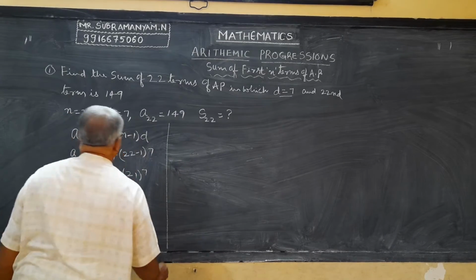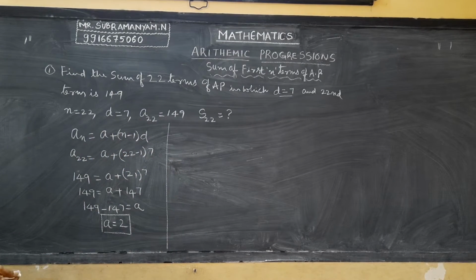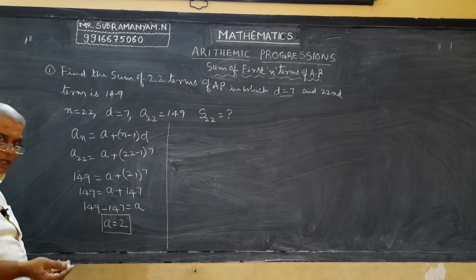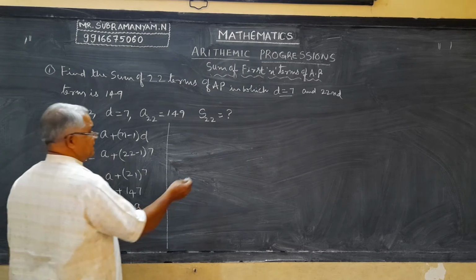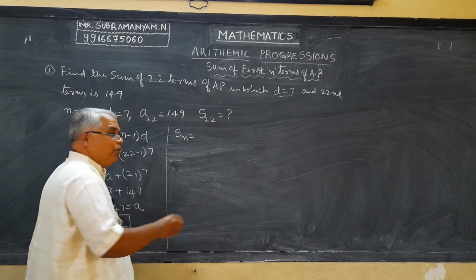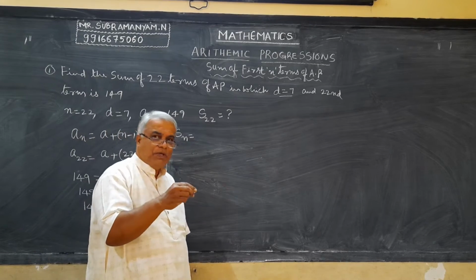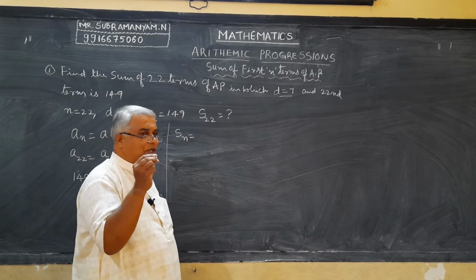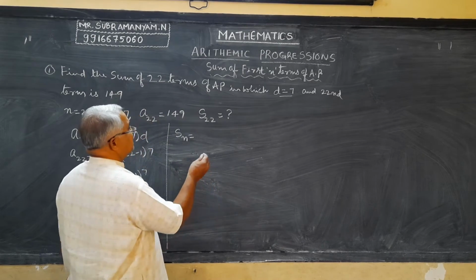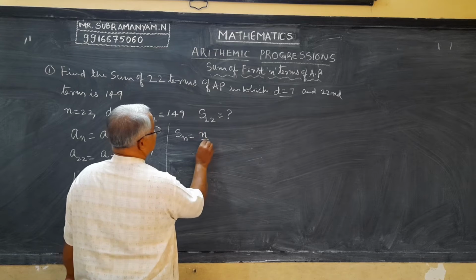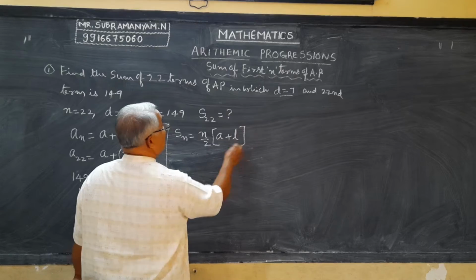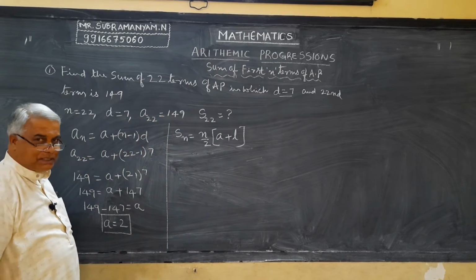Next, we know the 22nd term, the first term and the value of n, so we can calculate S22. We can use the formula Sn equal to, now I am going to write one of the three formulas which we have learnt. As I write, immediately you will recall whether it was the first, second or third formula. Sn equal to n by 2 into a plus l. I hope you have recalled now. It is the second formula.